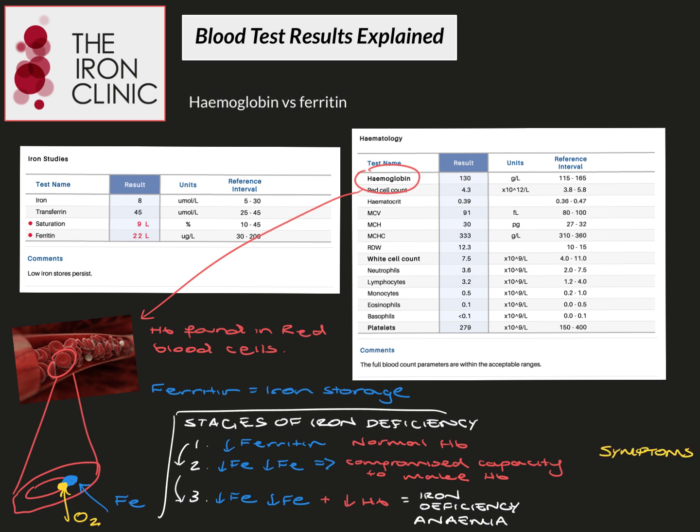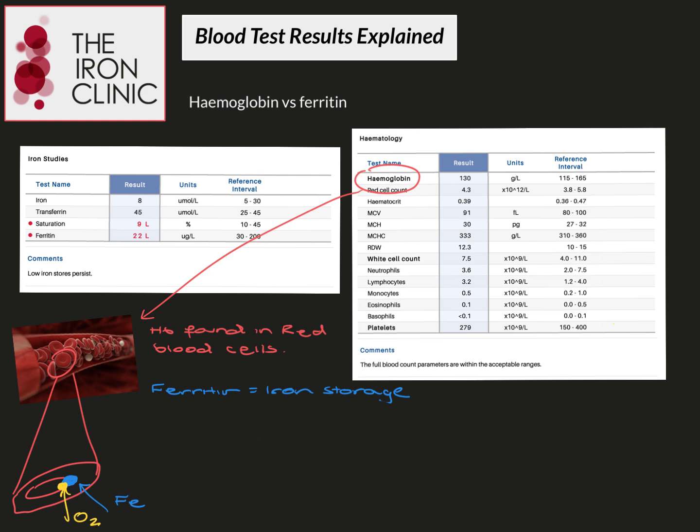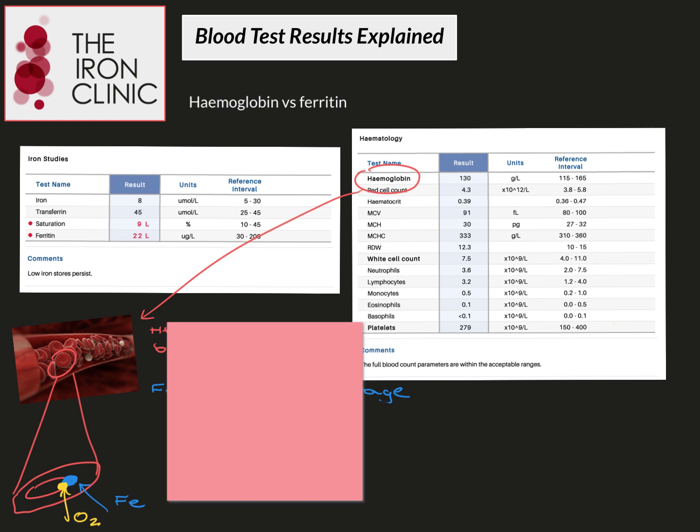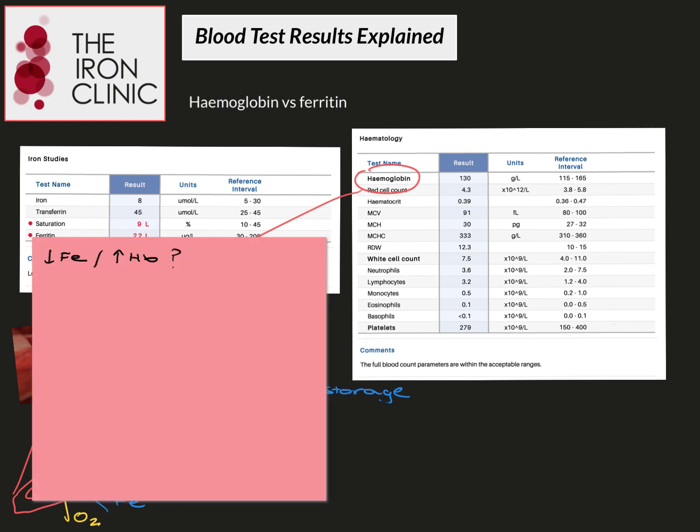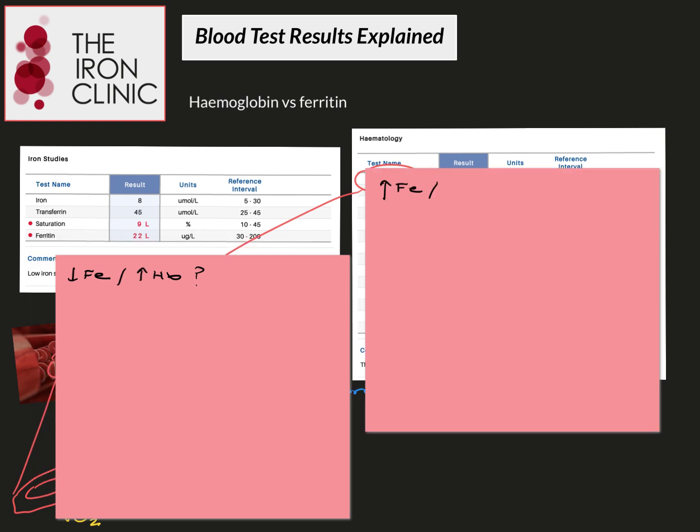Firstly, symptoms of fatigue, lethargy, and tiredness can occur at any stage of iron deficiency or anemia. Where there is common misconceptions around this is someone having a low ferritin and a high haemoglobin, or vice versa, a high haemoglobin and a low ferritin.